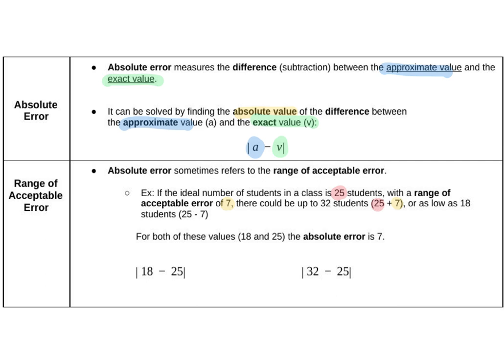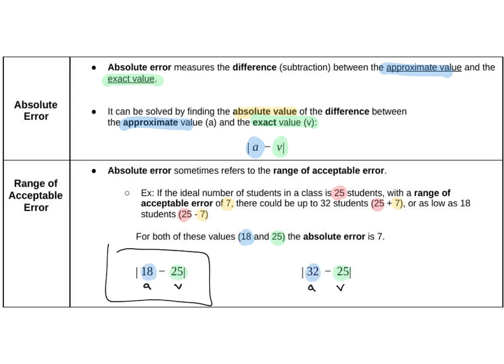And we could also go as low as 18, because once again, that is our ideal value of 25 minus that range of acceptable error of 7. This ties into absolute error because for both of these values, both 18 and 32, the absolute error is 7.